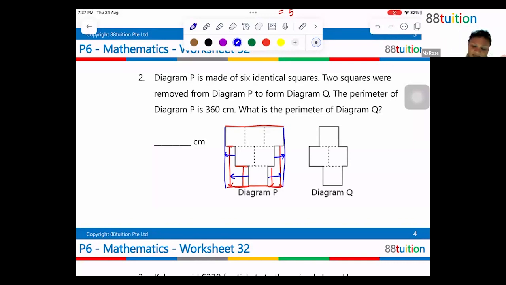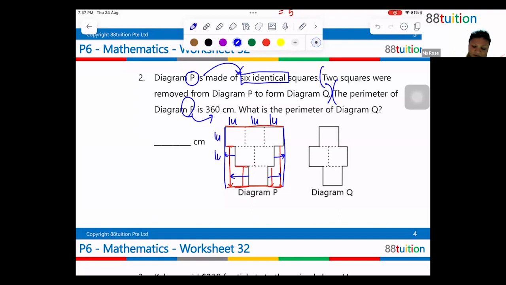Now, they tell us that the perimeter of P is 360. If I represent each length of the square, take note, they are identical. P is made up of 6 identical squares, so I'm going to put it as 1 unit.